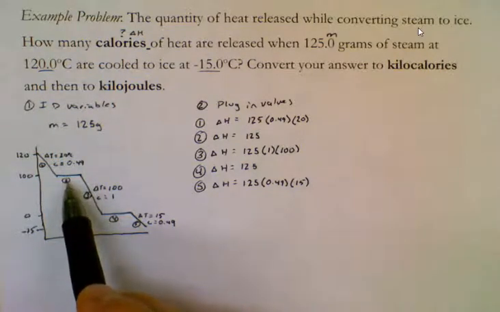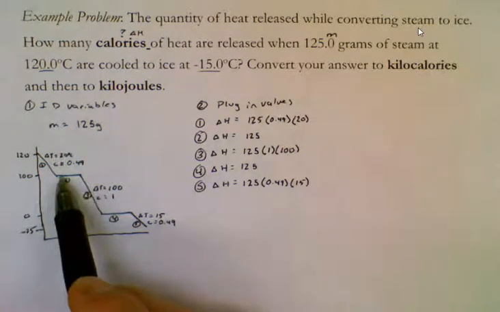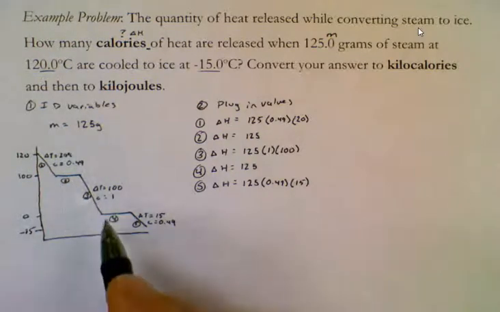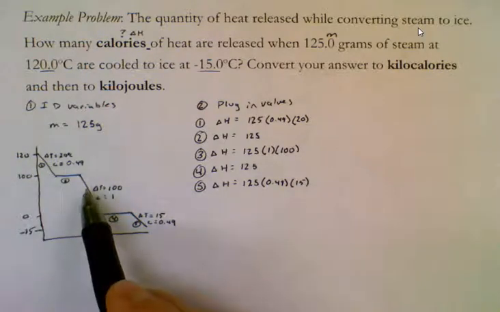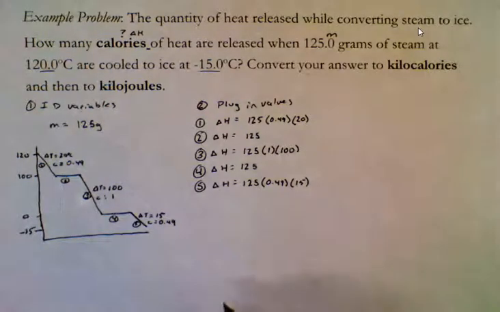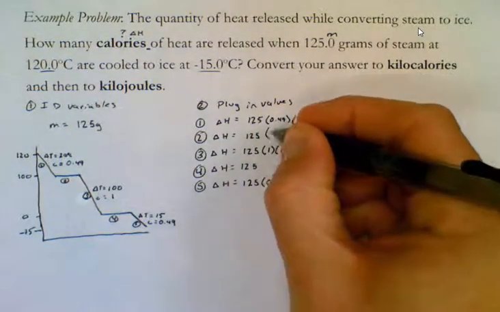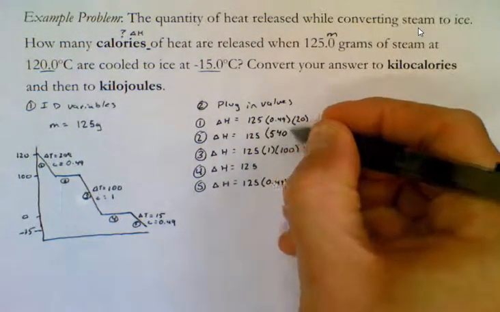So 2, since this is the boiling point, condensing point, that's going to be the heat of vaporization. That's the heat that's either released or absorbed when you're going from a gas to a liquid, going from a vapor to a liquid. And that's 540. So you need to have that number memorized.